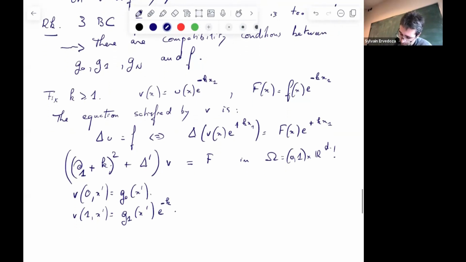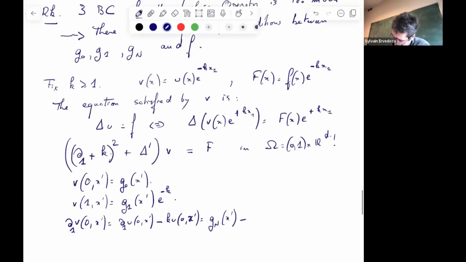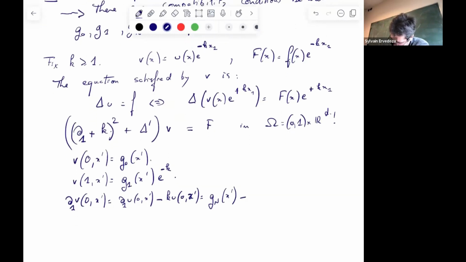This is better. And d1 v(0, x prime) is d1 u(0, x prime) minus k u(0, x prime). So this is gn x prime minus k g0 x prime.